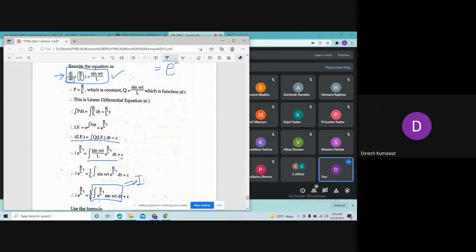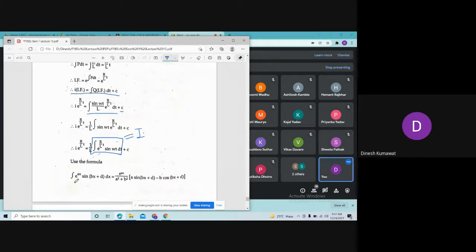That is, if we have integration of e raised to ax sine bx plus d dx, then the answer of this integration is given by e to the power ax divided by a square plus b square. Observe, a is the coefficient of this x, b is nothing but this coefficient.